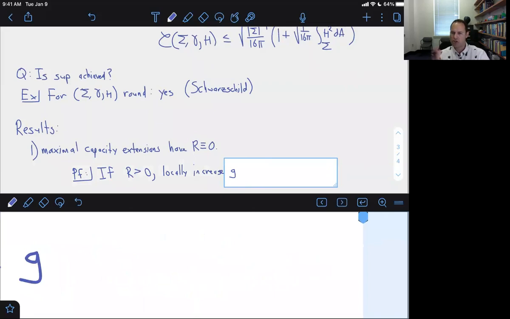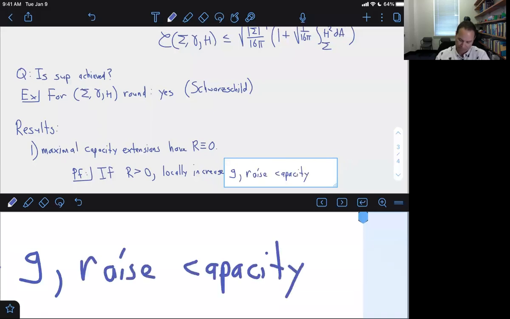You can do this conformally, for example, on a small set. Now, if you do that with a small enough bump to the metric, you can still preserve positive scalar curvature. And if you increase a metric, you actually raise the capacity. You can strictly raise the capacity, so that would contradict that you started with a maximizer to begin with. So it's telling us that if you are looking for these maximal capacity extensions, the place to look is scalar flat metrics.